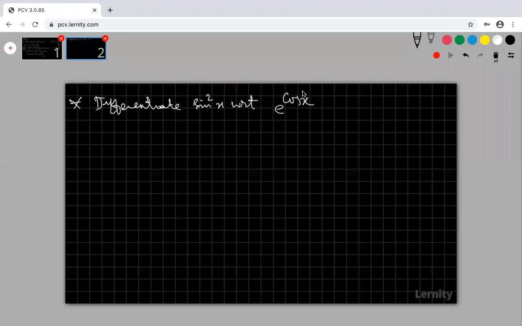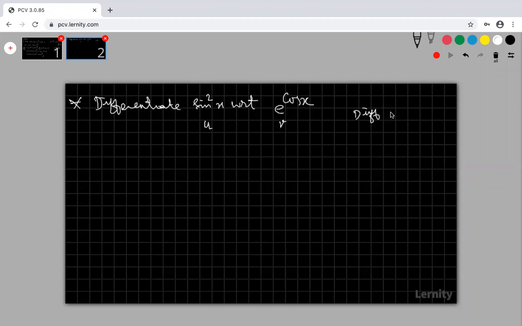What is the differentiation of sine square x with respect to e power cos x? What is the meaning? Suppose you take this as u and this as v. Please try to understand.